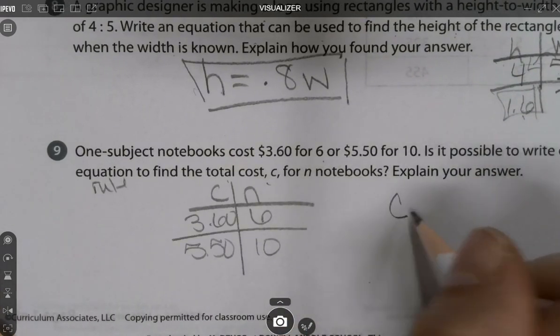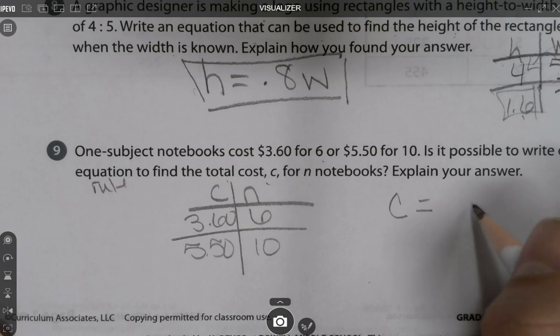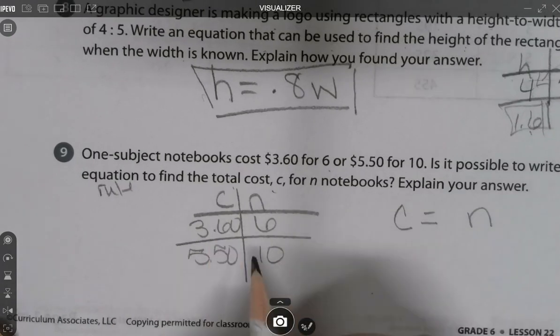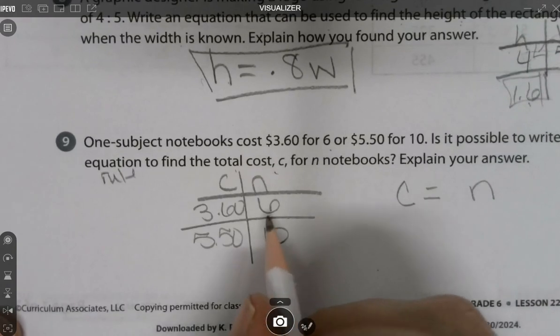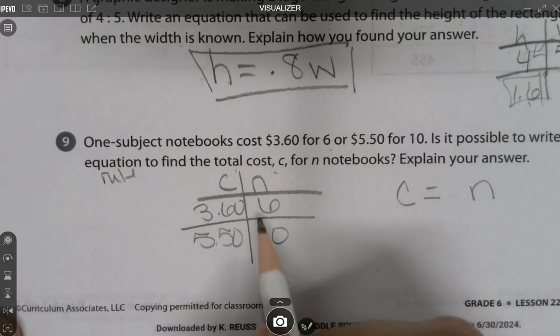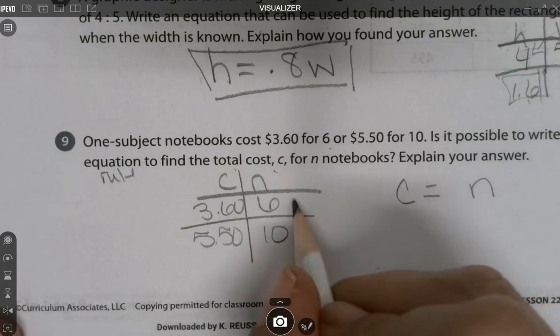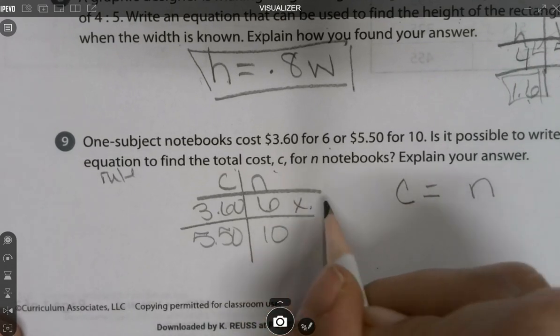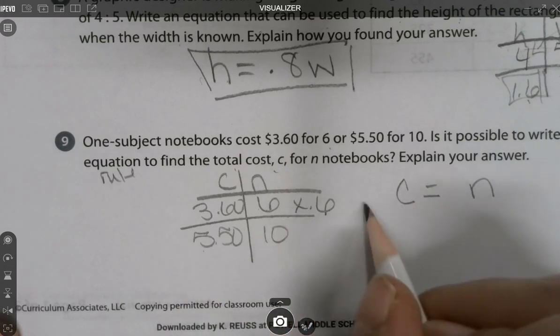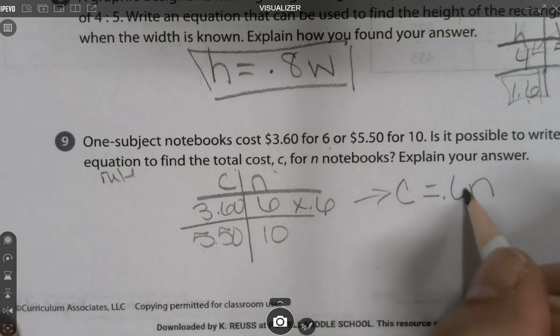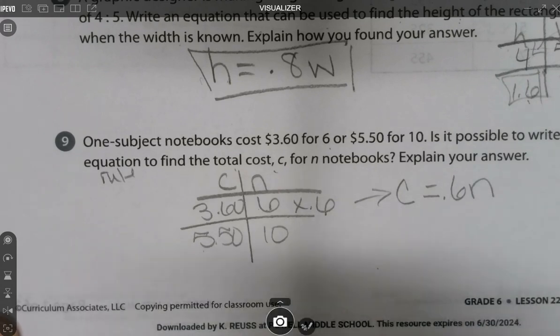So if I do cost equals something times your n, because the numbers get bigger, what am I multiplying with n? Well, if I divide 360 by 6, I would be multiplying this by 0.6. So this right here would be 0.6 times n.